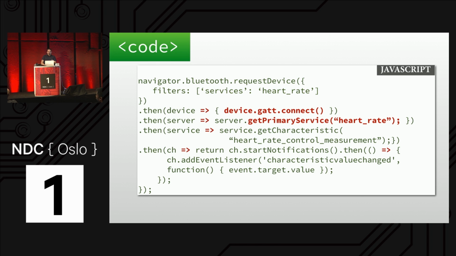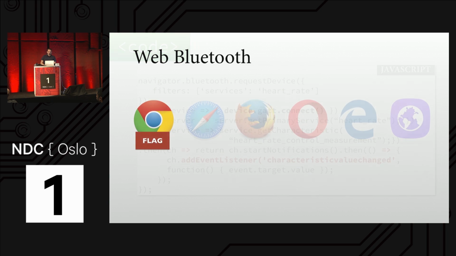And then when you have that device, you connect to it, you get a primary service, you get something called the characteristic, and then you listen for values coming from that device. And of course, you can send values. So the API is not so complicated, but of course, you need to understand Bluetooth and how the device works.